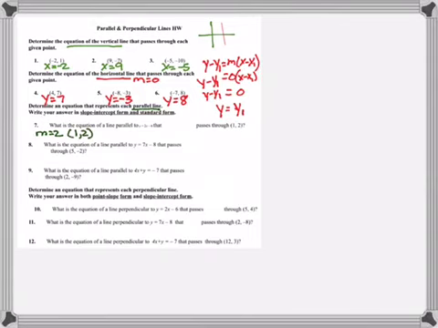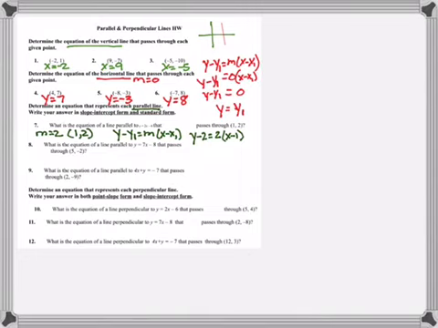So now I have a point and I have a slope, so that means I can use my point-slope form to write the equation. So y minus y1 equals m times x minus x1, and now we just substitute our numbers into that. So I'll have y minus 2 is equal to my slope, which is 2, multiplied by x minus, and my x value is 1 in this case. So they want me to put this equation into slope-intercept form and standard form.